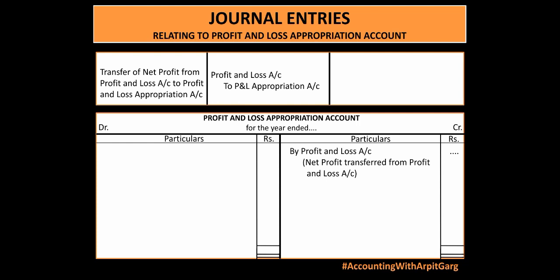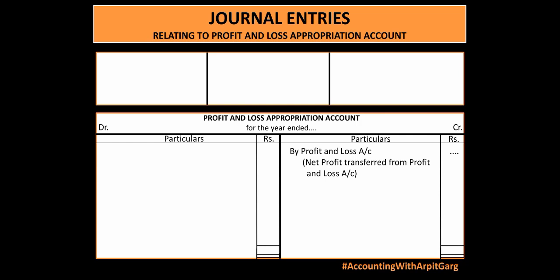Okay, now let's move to our next entry for charging interest on drawing. Remember, we are considering ourselves as firm. It means partner has withdrawn or taken some money from us, so now we will ask them to give us interest, as we are receiving the amount, so it's our income.